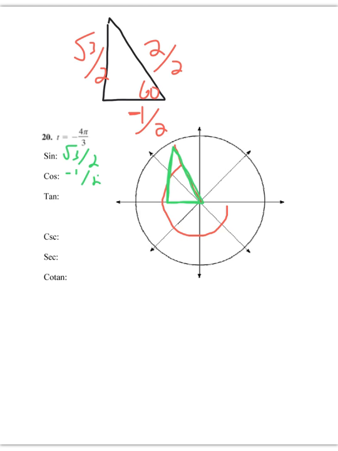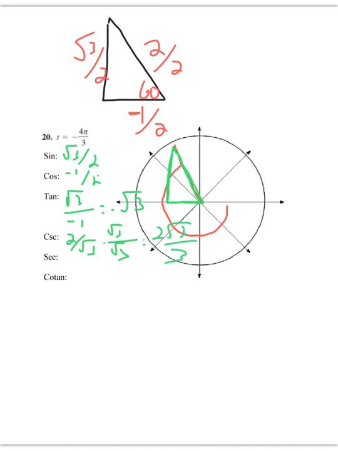Our tangent is y over x, which is root 3 over 2 over negative 1/2, which is root 3 over neg 1, which of course is neg root 3. Our cosecant is the reciprocal of sine, 2 over root 3, multiplied by root 3 over root 3. We have 2 root 3 over 3.